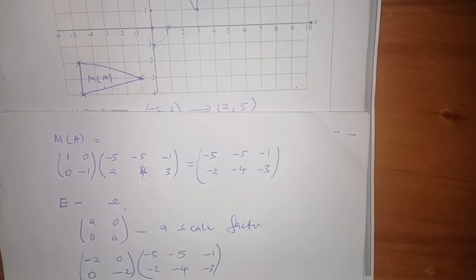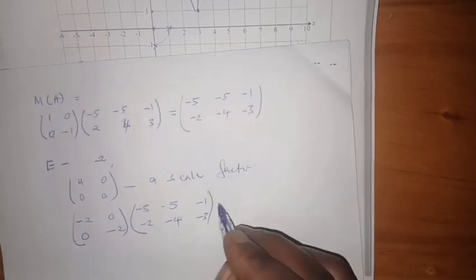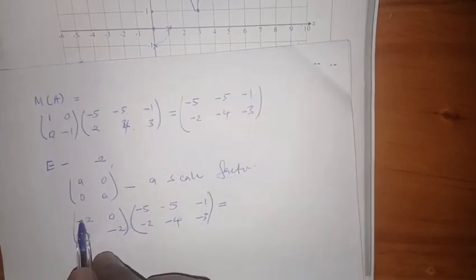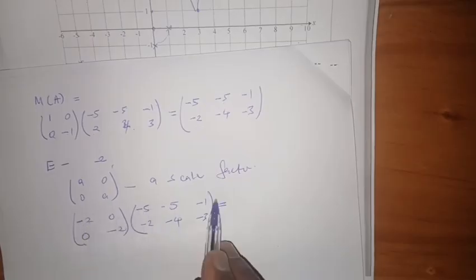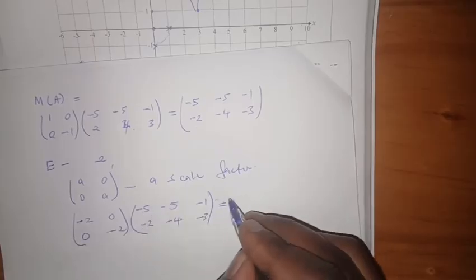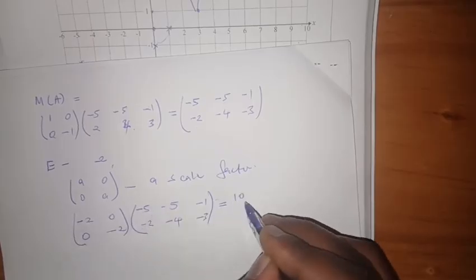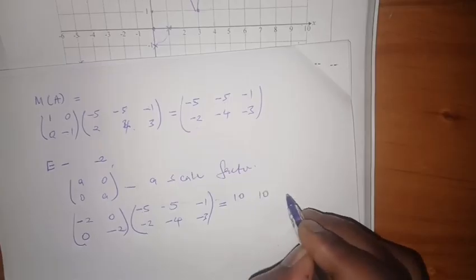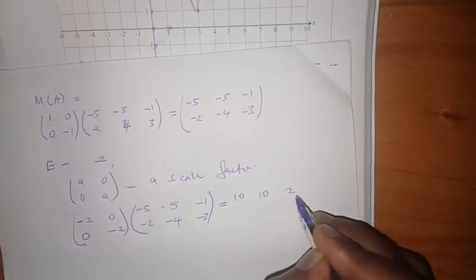Let's multiply out here. The negative 2 is going to multiply only the top because of the zeros. So negative 2 times negative 5, that's a 10. And the next one is a 2.